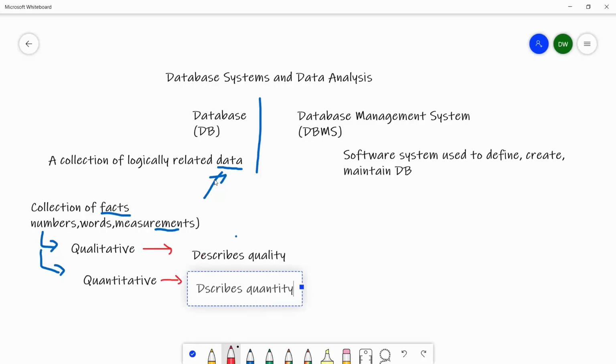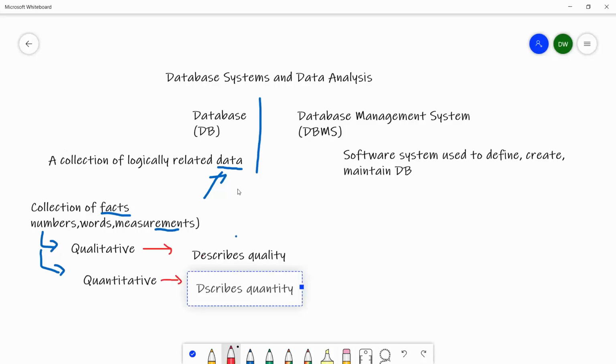So now we have talked about data, facts, and types of data, right? When we have data, we cannot take more meaningful ideas or management decisions using just that data.